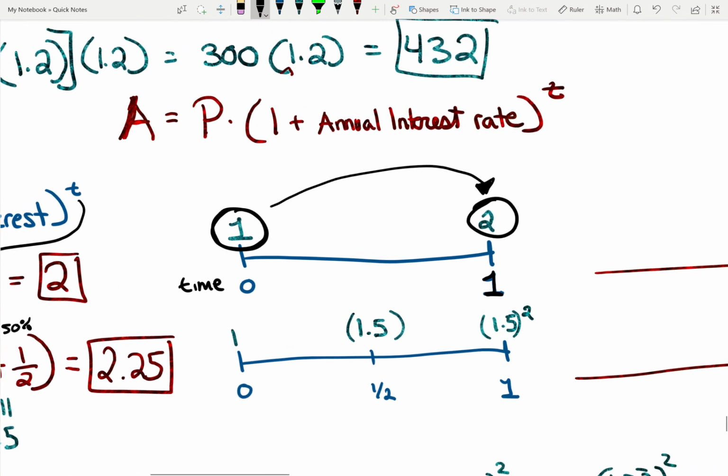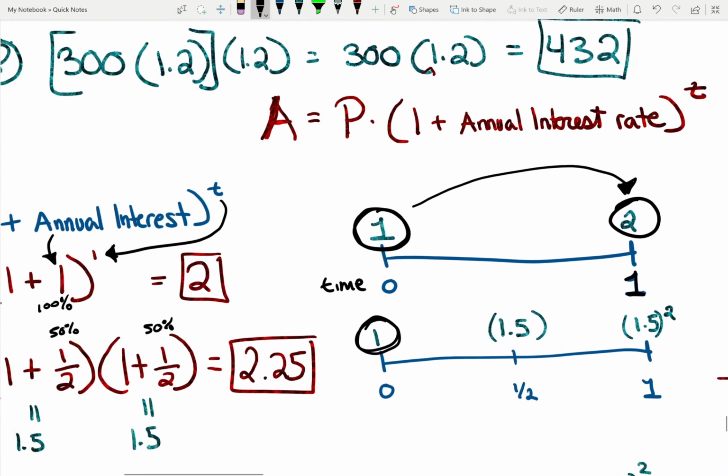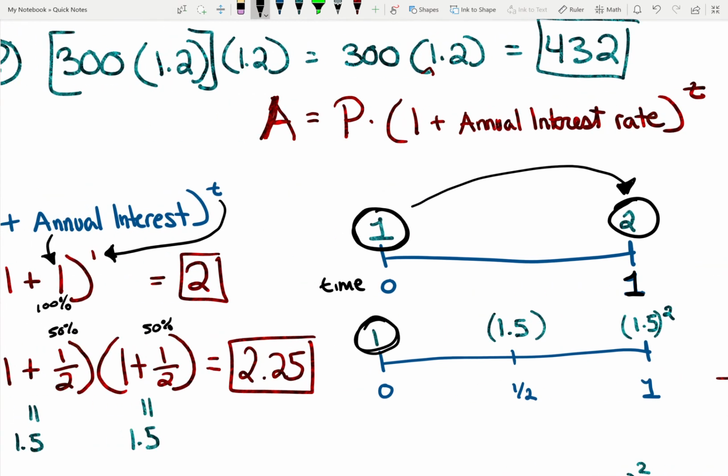So on a map, it'll look like this. I start with $1. I'll take 50%, which is 1.5, halfway through. So 6 months later, I'll take half of that 100%. Then 6 months after that, so this is 6 months.